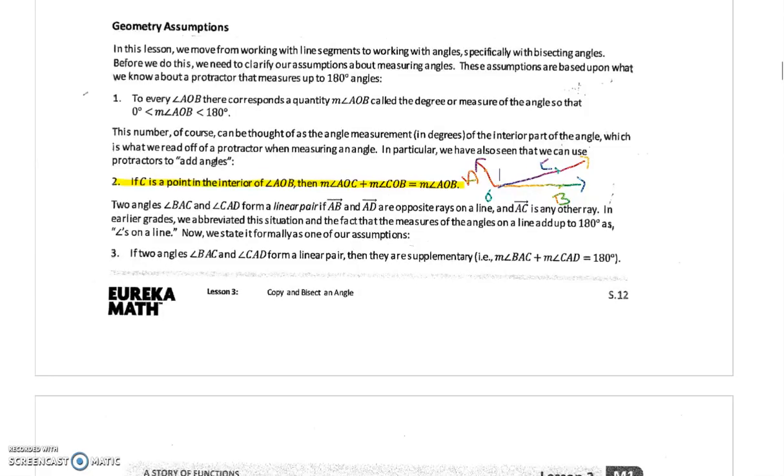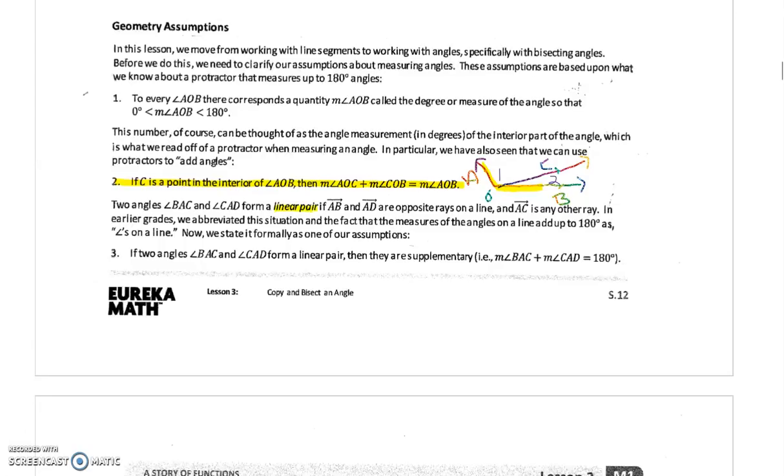There's one angle here, and then there's a second angle over here. Together, those 2 angles make up the big one right here. That's all that says. You can add up the angle measures of the first angle and the second angle, and you'll end up with the measure of the angle for the whole figure. Okay? All right, more vocab.